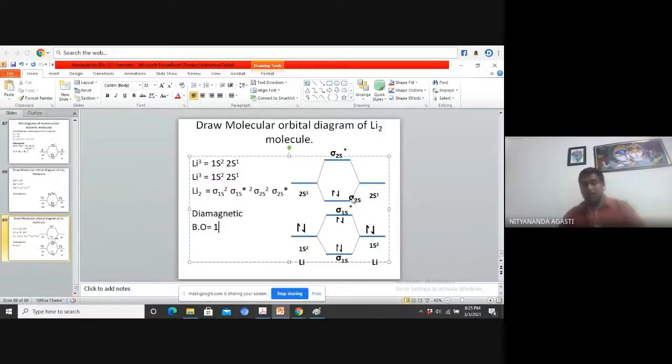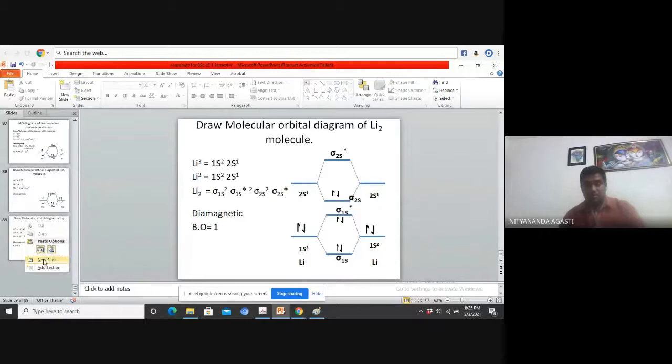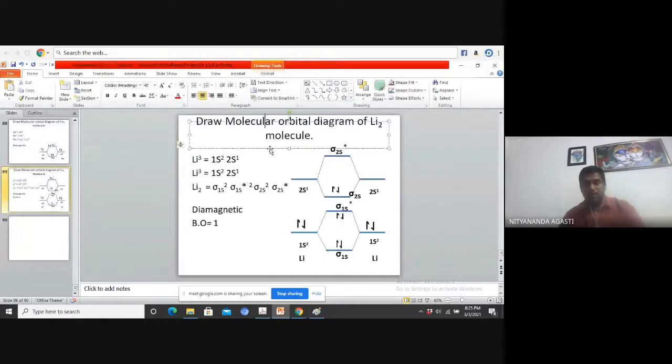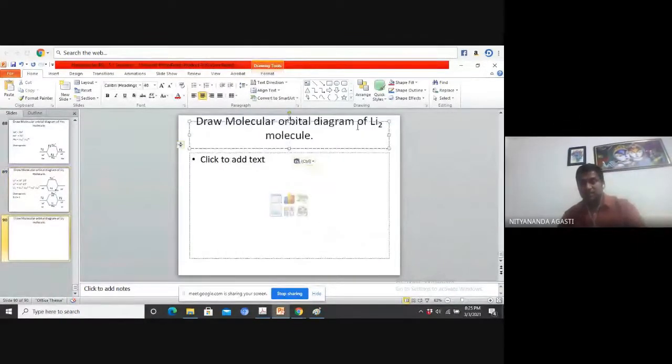So this is about the lithium-2 molecule. Next is drawing the MO diagram. Quickly, I will finish with this example. Then I will give you a task to draw beryllium.